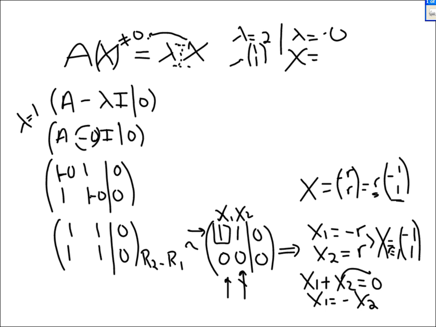So here, I could have let R be 2, and I would get negative 2, 2. Or negative 1, negative 1. So for each eigenvalue you get, that is, for each lambda that you get, you have to then find the corresponding eigenvector.